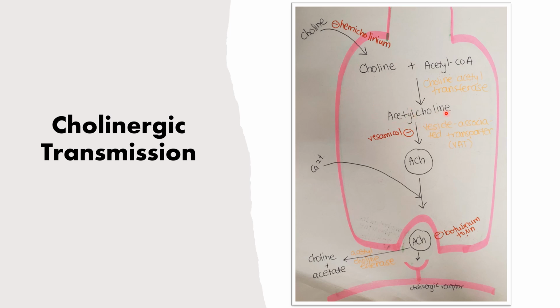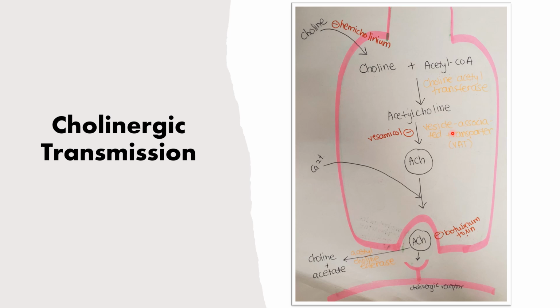So acetylcholine is now made, and then the next step is for acetylcholine to be stored in a vesicle. This storage process is facilitated by VAT, the vesicle-associated transporter. It's just basically placing acetylcholine into a vesicle for storage.